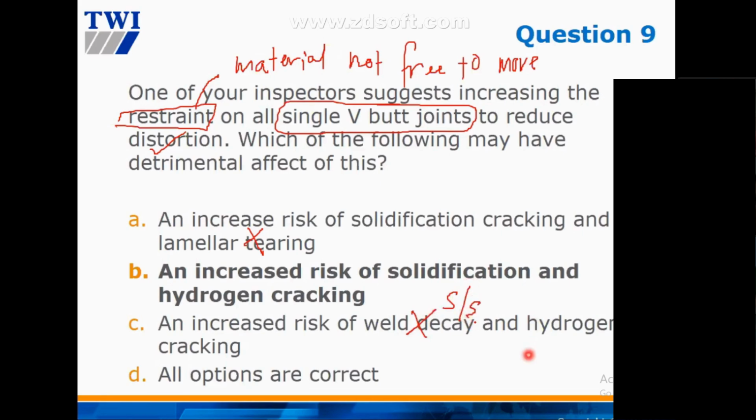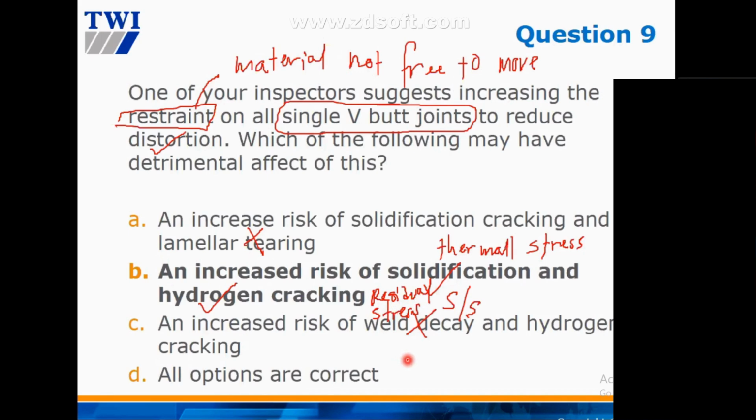All right, so the only choice we have is hydrogen crack, yes, and also because of restraint during welding, it will create thermal stress. Here is thermal stress. And here, residual. For hydrogen crack, residual stress. Yeah, but that's because of restraint too. Residual stress, thermal stress because of restraint.